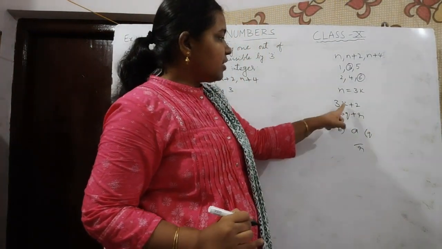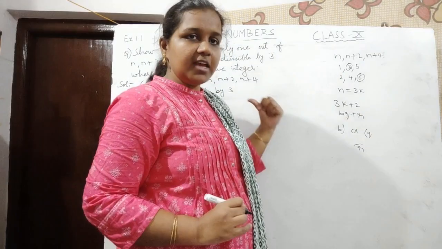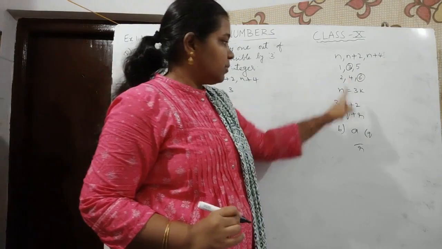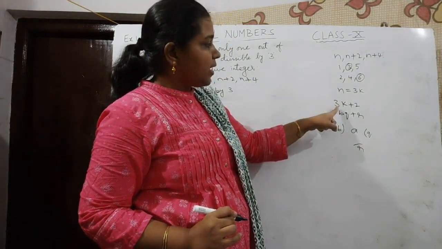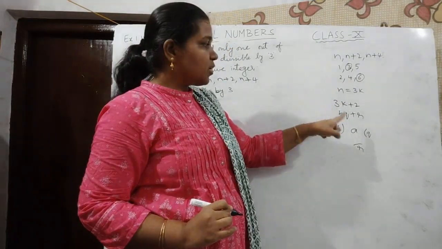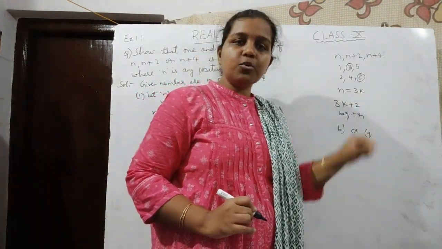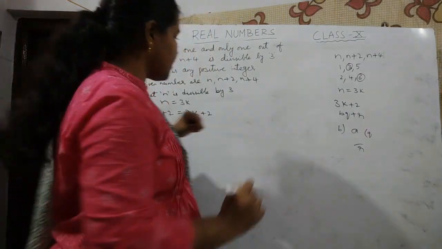Here a is 3k plus 2. Now when we divide it by 3, we get a remainder 2. Getting a remainder 2 means this number is not divisible.